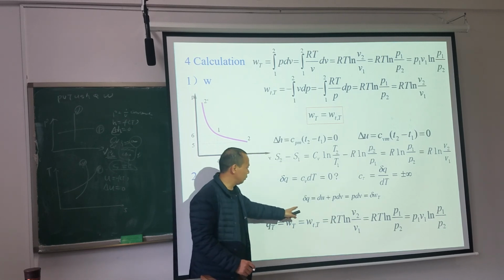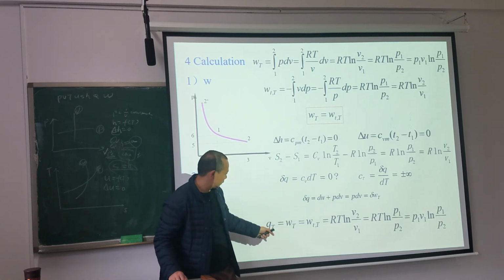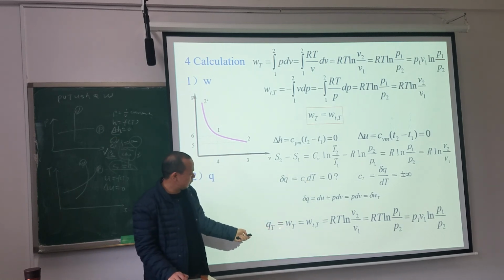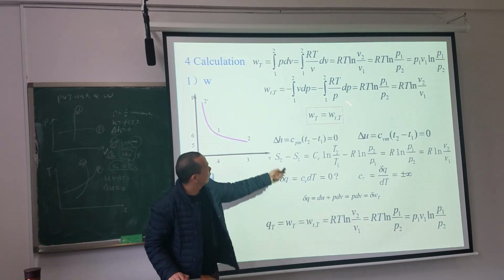Hence, delta Q is equal to delta WT. Here, Q is equal to W and equal to WT. It's also equal to this one.